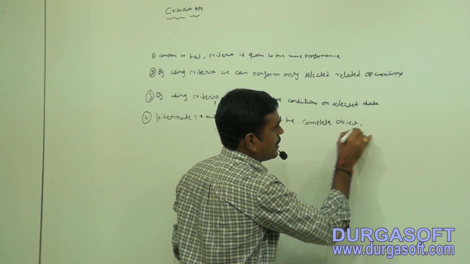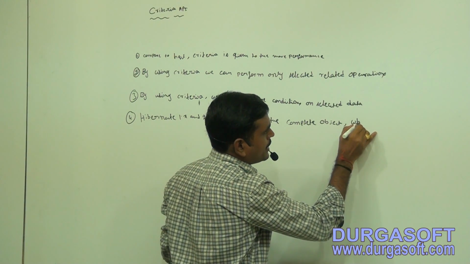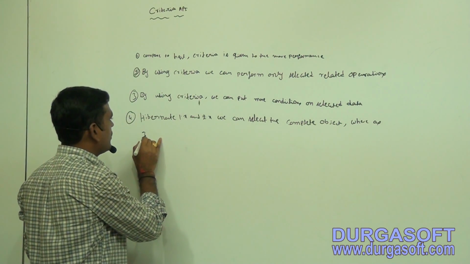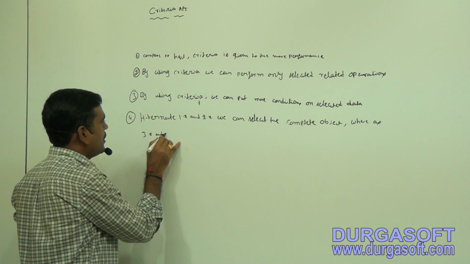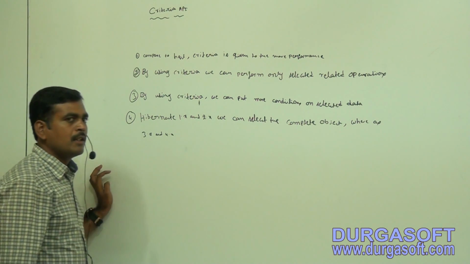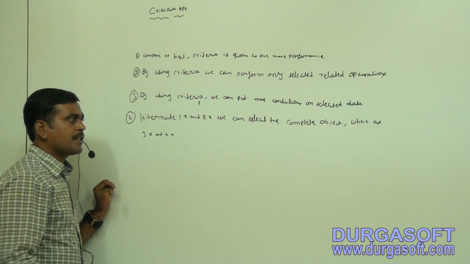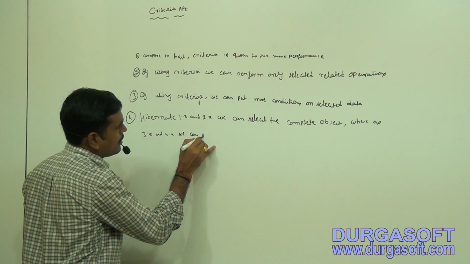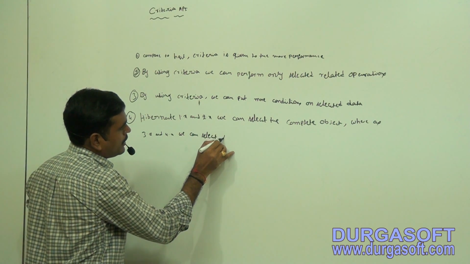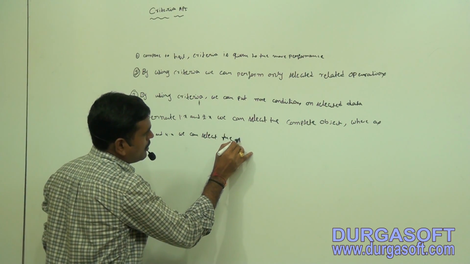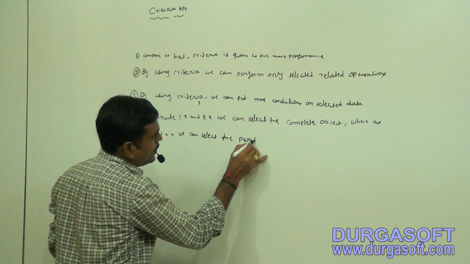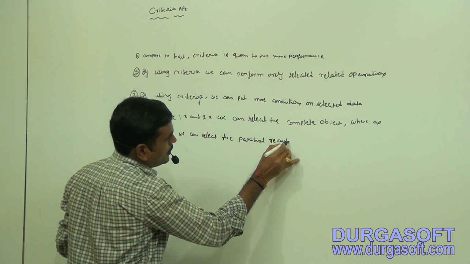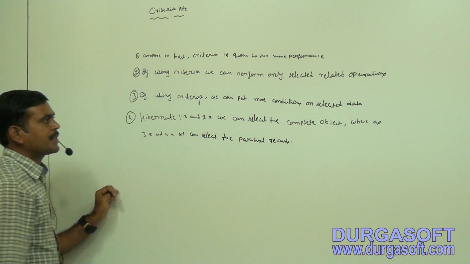Whereas in 3.x and 4.x, we can select the partial records also. We can select the partial records.